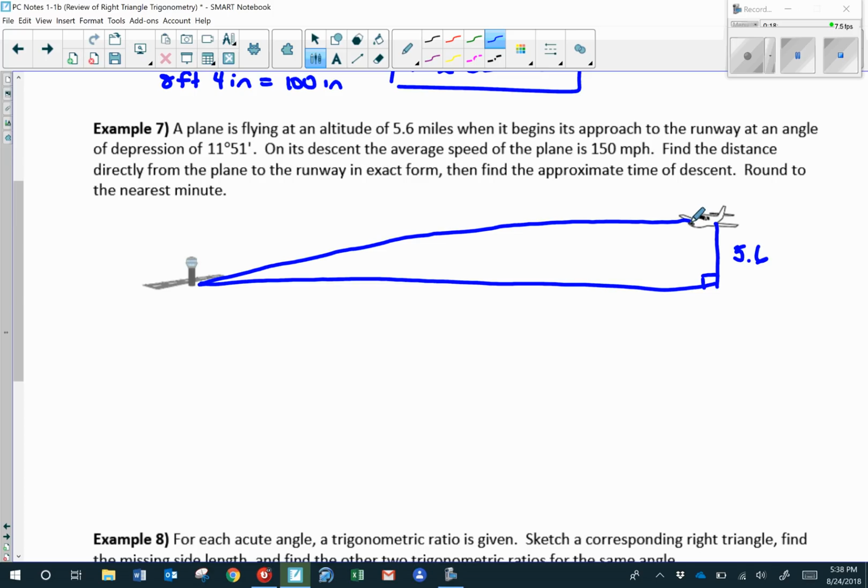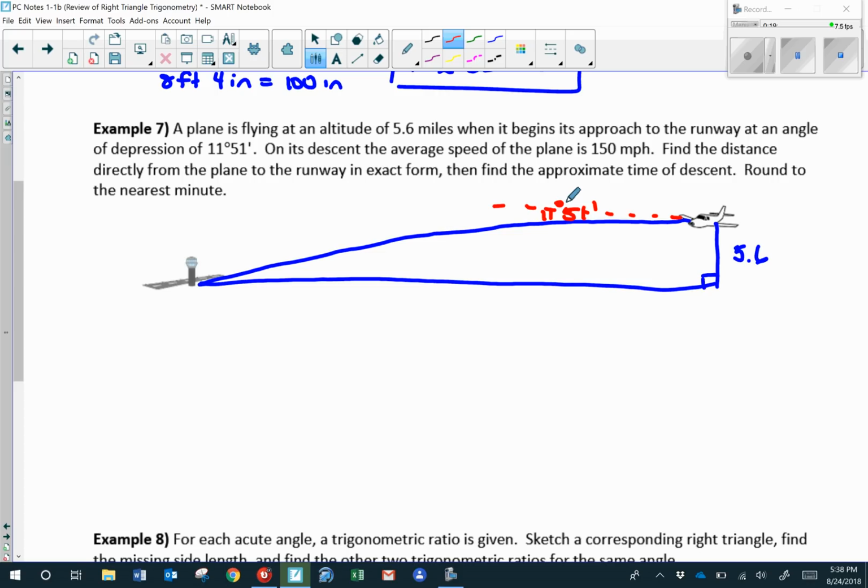What we have to be really careful of with relation to angles of depression is that if the plane is flying straight ahead, it is at 0 degrees angle of depression. So if it's flying downward, it's 11 degrees and 51 minutes lower than that horizontal.